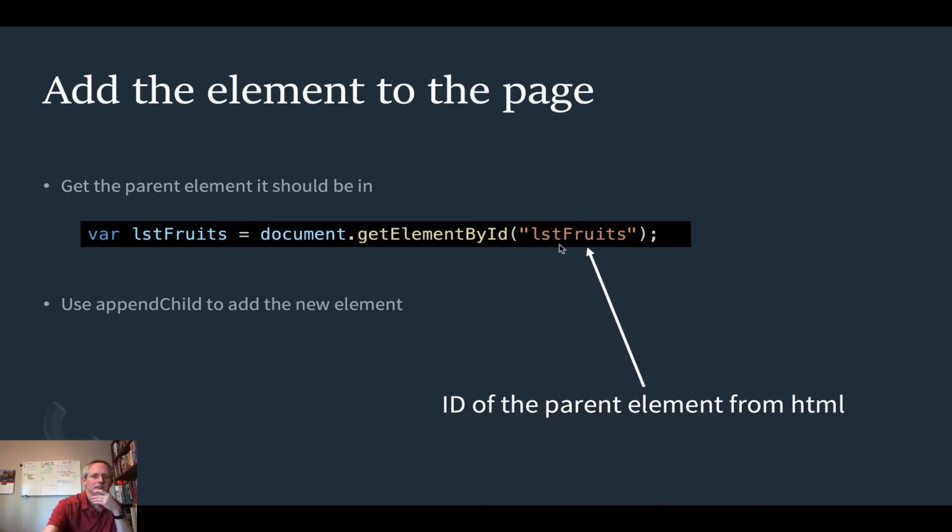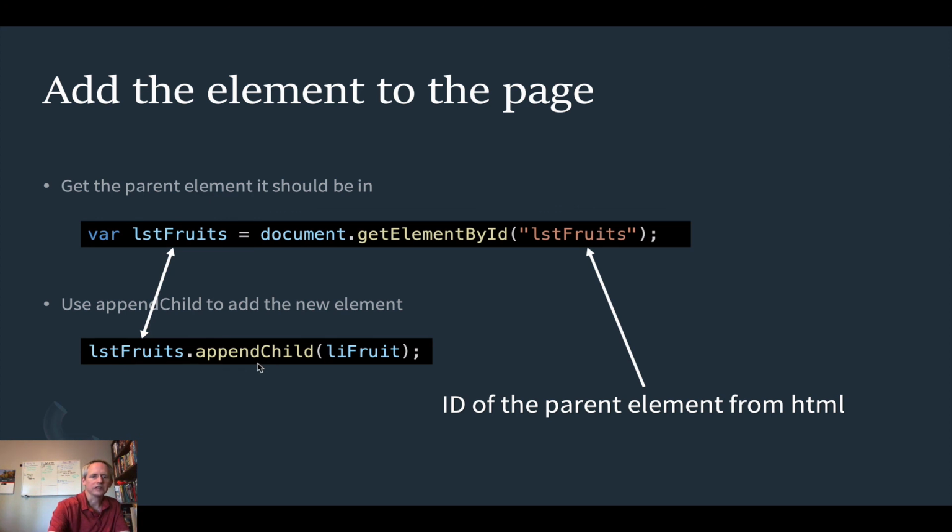That's the ID of the parent element. And we'll see that the variable I used to store it before becomes the variable that I use appendChild on here. So I'm taking liFruit, which I created in the previous slide, I'm grabbing lstFruits out of my page and appending liFruit as a child to it.